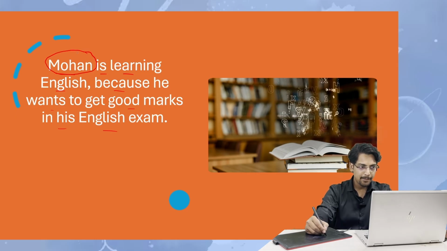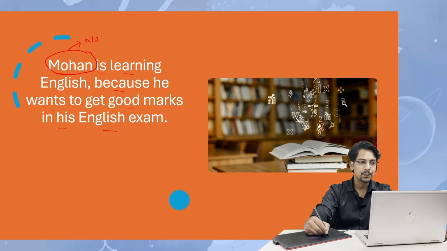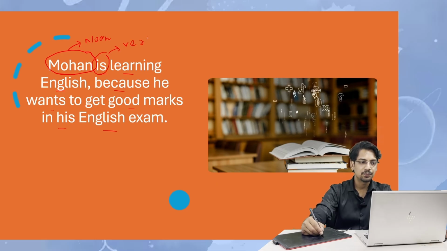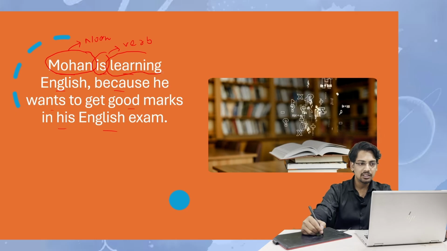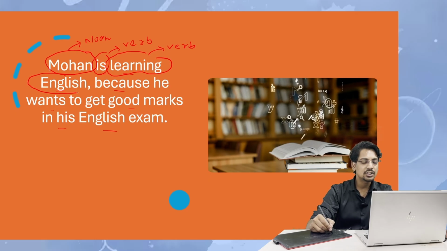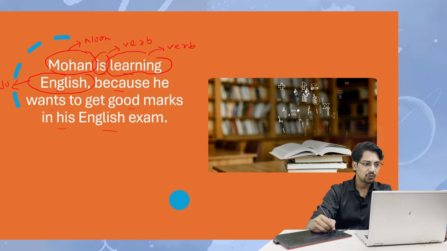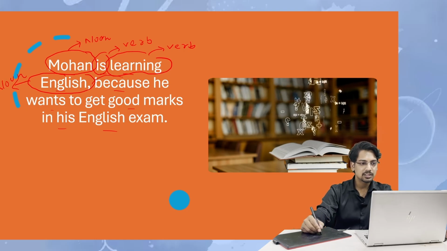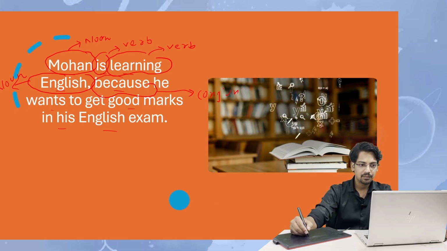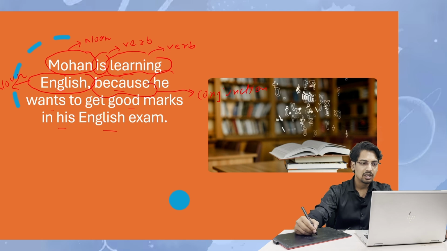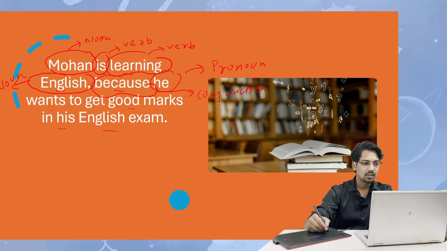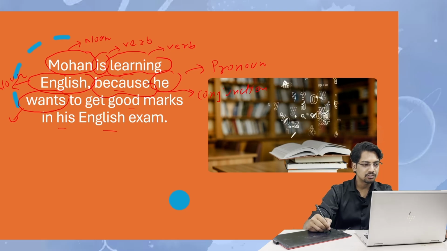Mohan is a noun. Is is a verb. Learning is also a verb. English is a noun. Because is a conjunction. He is a pronoun. Wants is a verb.